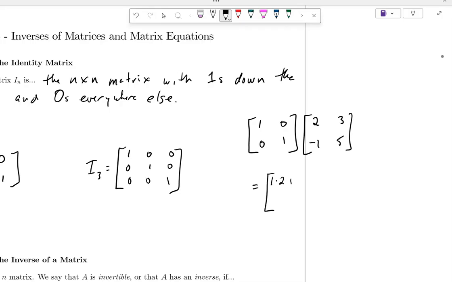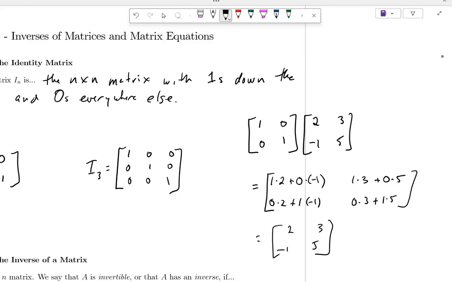The next one over would be 1 times 3 plus 0 times 5. The next one would be 0 times 2 plus 1 times negative 1. This one would be 0 times 3 plus 1 times 5. And what do I end up with? 2, 3, negative 1, 5.